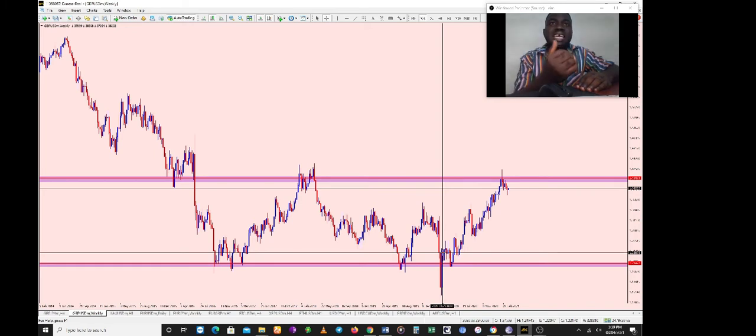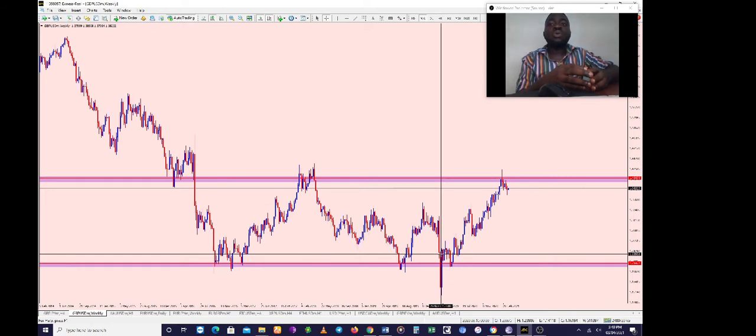So when prices get here, the bigger institutions like the central banks will have a fundamental meeting that will determine whether we're going to continue to move prices down or turn around to move on the upside. So the secret of support and resistance, and why it's important as a trader to take note of these price levels, is that one, it is the foundation of your technical analysis.